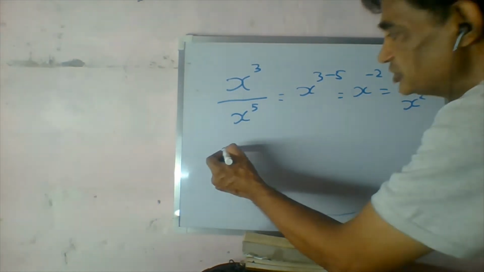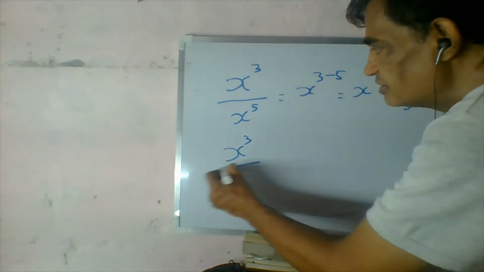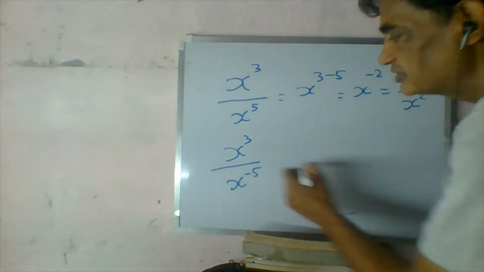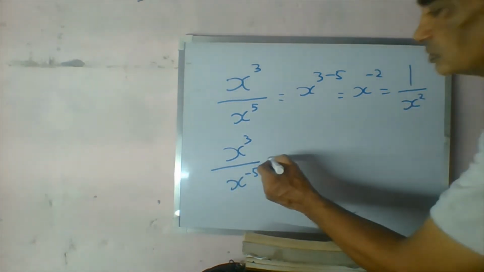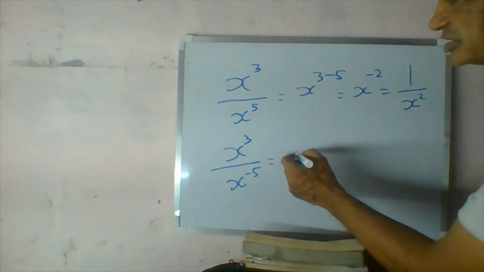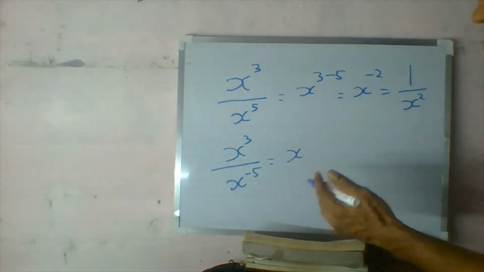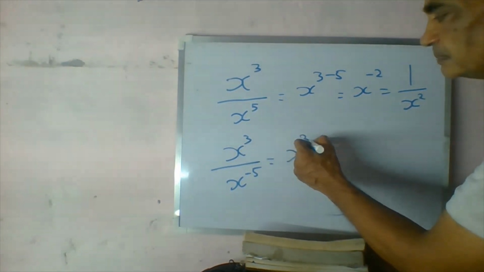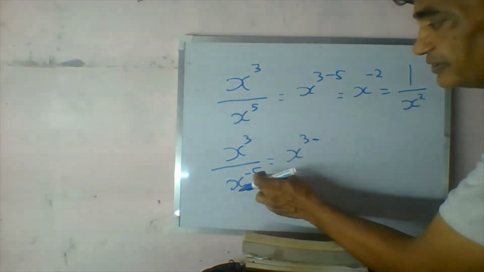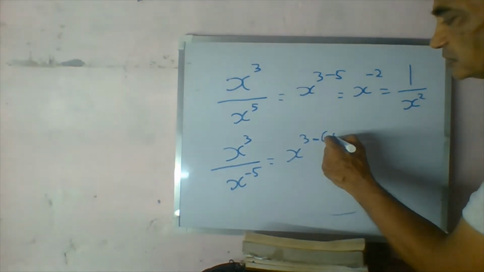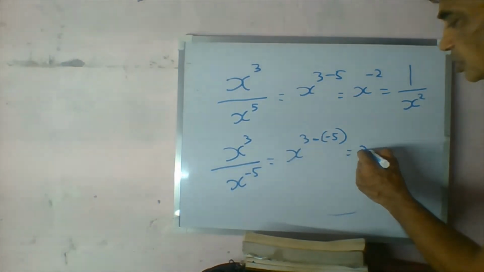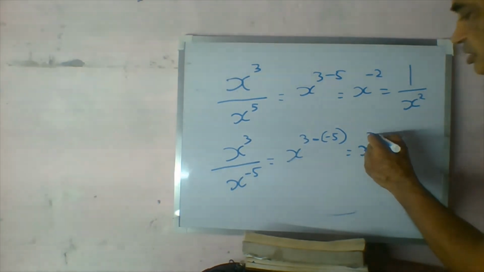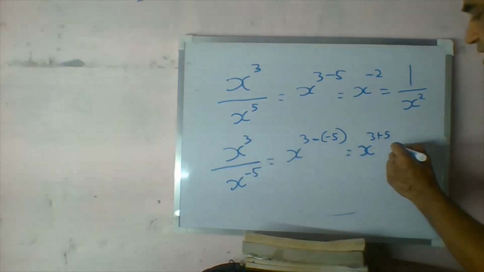Another possibility is x raised to power 3 divided by x raised to power minus 5. So in division, powers have to be subtracted. So be very careful, the powers have to be subtracted. So it is x raised to power 3 plus 5, x raised to power 8.